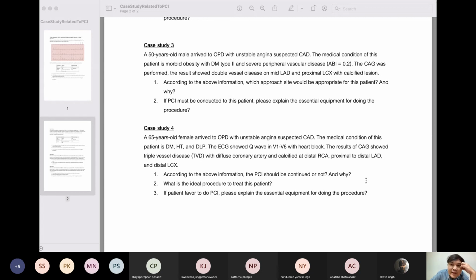Okay. You can see the evaluation form that I already uploaded on the TU Moodle, which has the committee evaluation. I will give you at least 6%, because the total weight of this PCI case study is 10%.